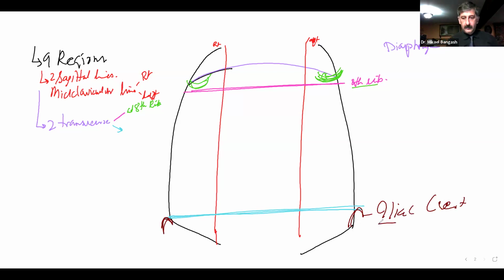Now, iliac is just one of the bones of your hip bone. But that upper part of the iliac is going to be referred to as the iliac crest. So add the iliac crest.